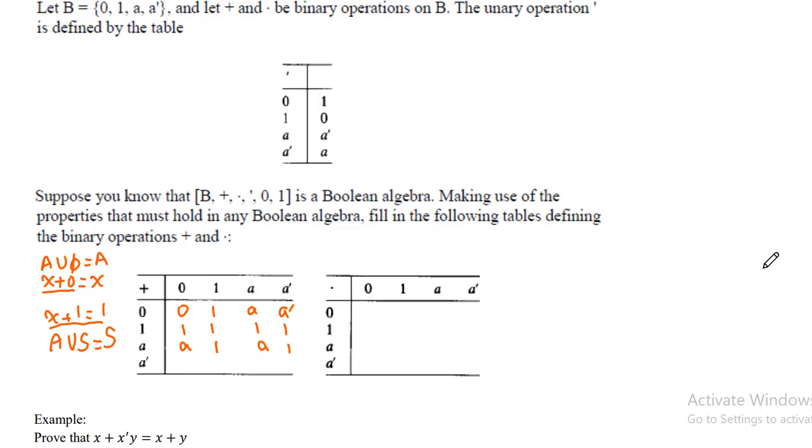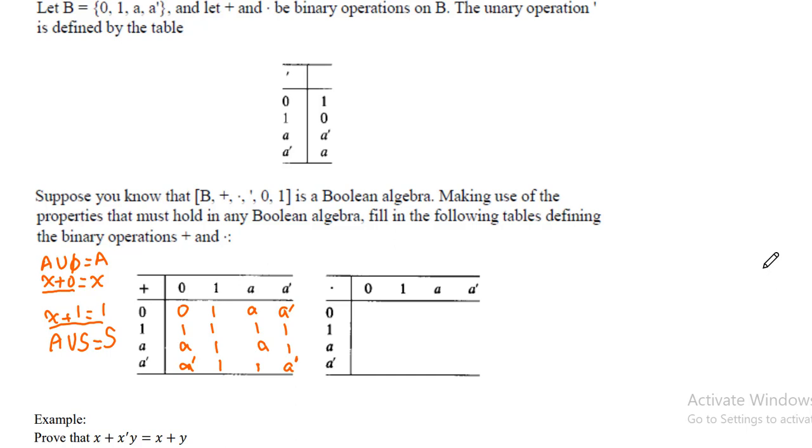A not plus 0 is A not. A not plus 1 is 1. A not plus A is 1, because A or not A will give you the universal set, which is S or 1. Not A or not A is just not A.